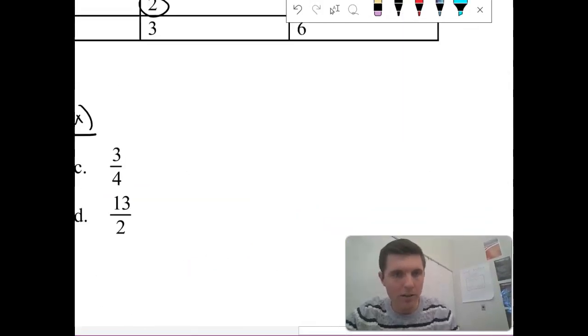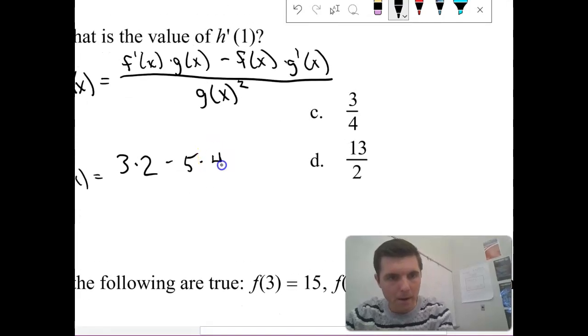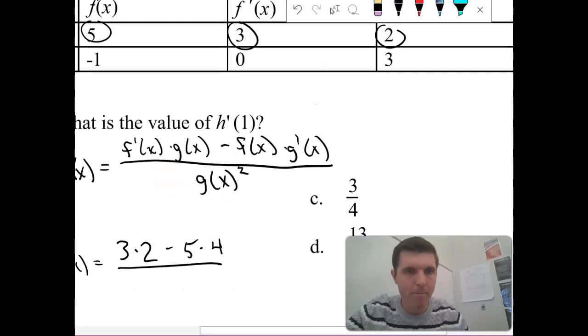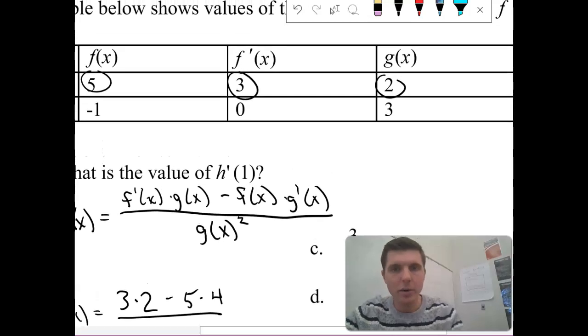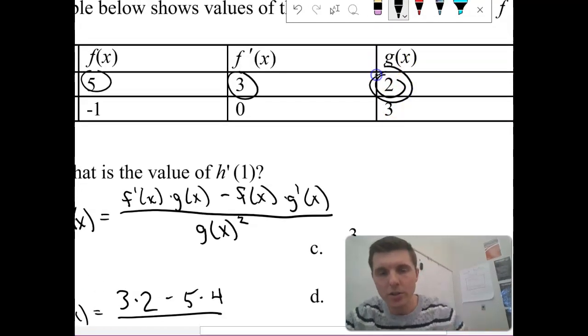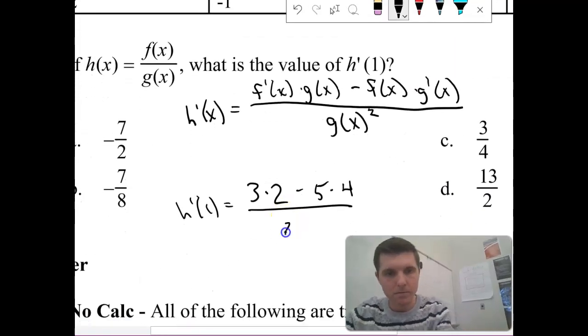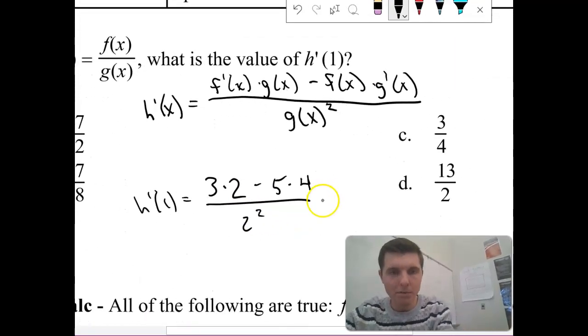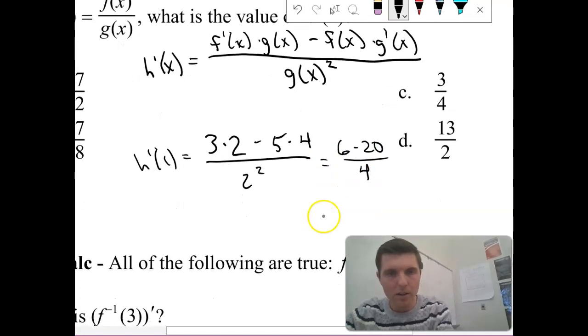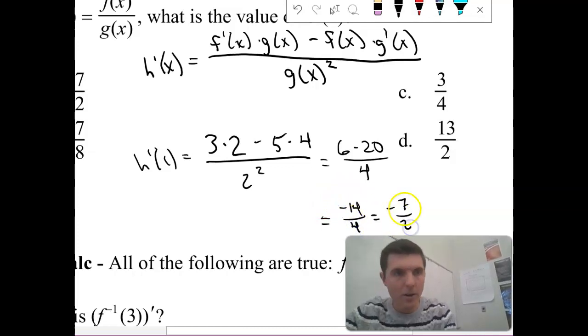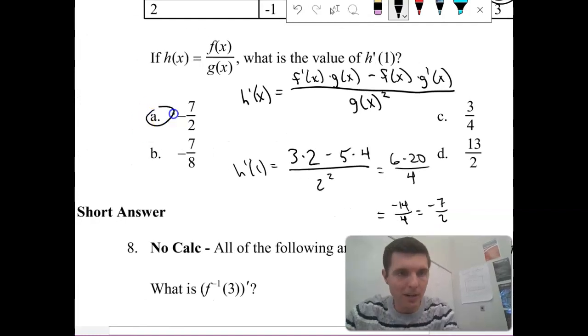It's 4. All over g of x squared, so 3 squared. No, sorry, that's not the right one. 2 squared. And now let's simplify. We got 6 minus 20 all over 4. We have to simplify because it's multiple choice. So negative 14 over 4 or negative 7 over 2. And luckily that's also an option, also A.